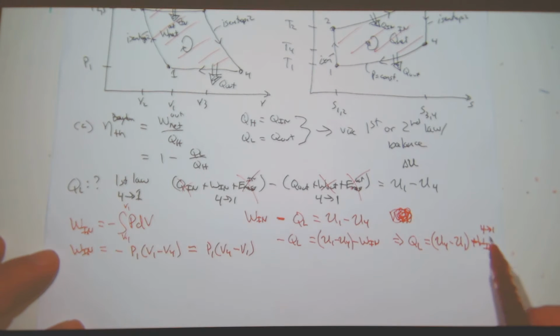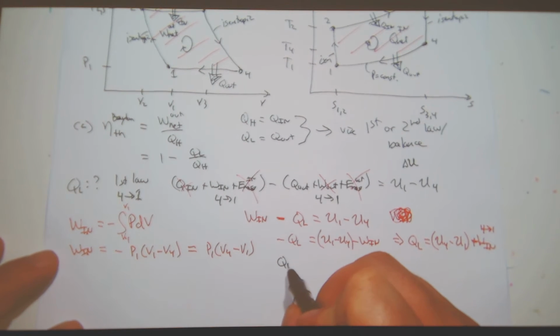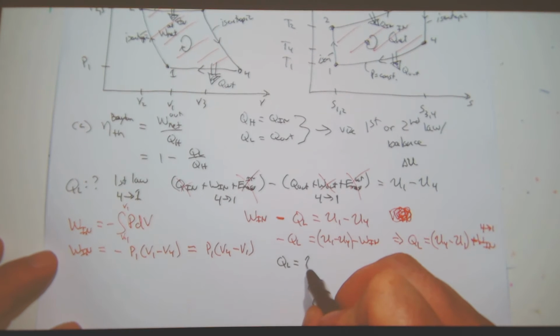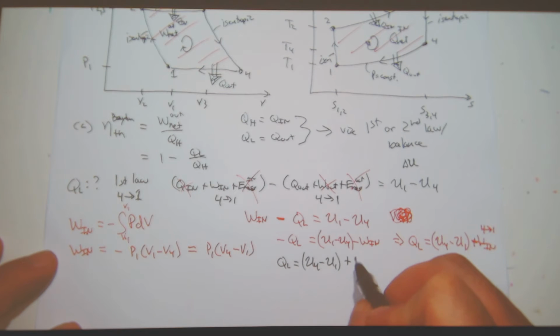So then when I plug this part in, work in, P1 here, I end up getting QL is equal to U4 minus U1 plus P1 times V4 minus V1.